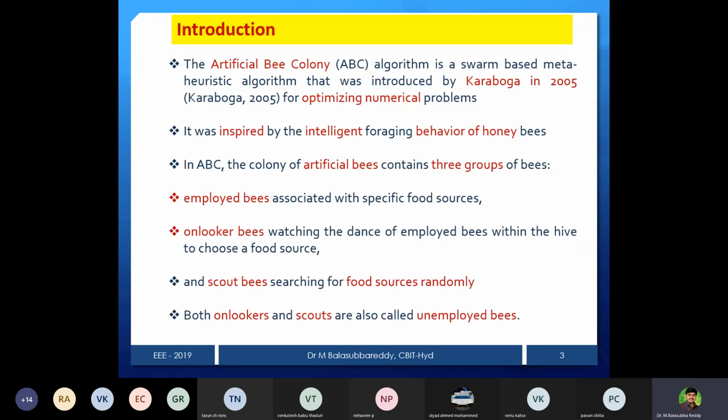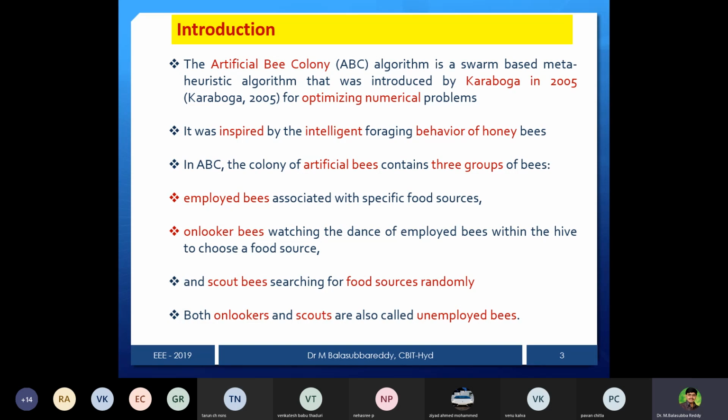You see that this is the ABC algorithm, also called the artificial bee colony algorithm. It is a swarm-based heuristic algorithm invented by Karaboga in 2005 for optimizing numerical problems. I showed you his paper also. I think I showed you the 2007 one, but his starting paper is 2005.